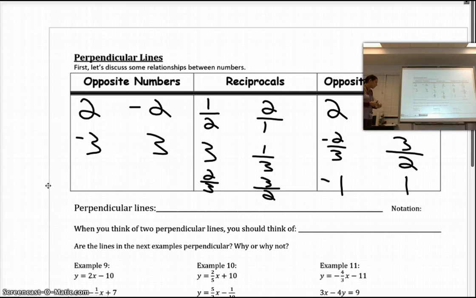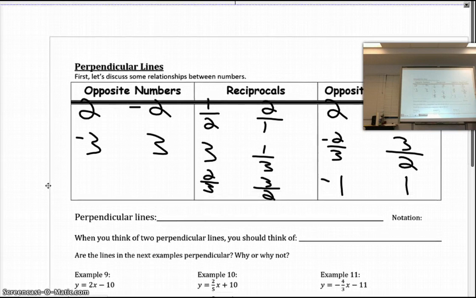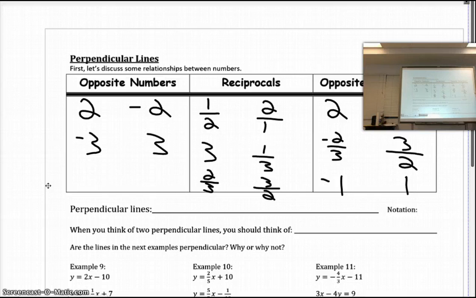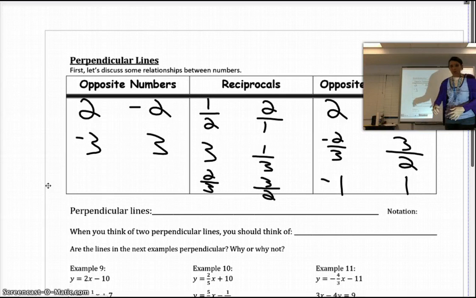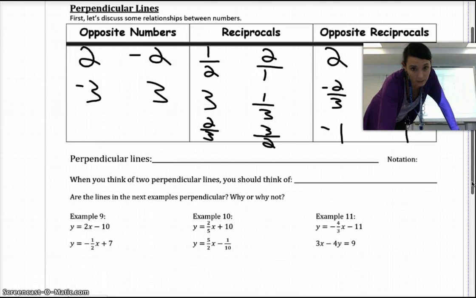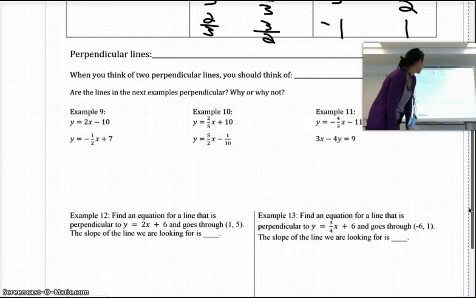So when we think perpendicular lines, first of all, what's the definition of a perpendicular line? Let's start there. You have a vocabulary quiz in 20 minutes. You better know this. What is the definition of a perpendicular line?